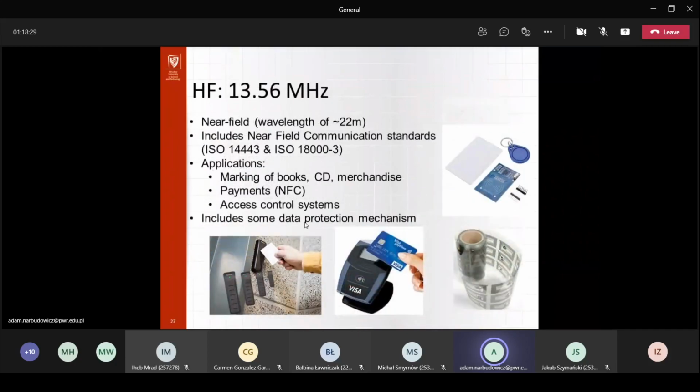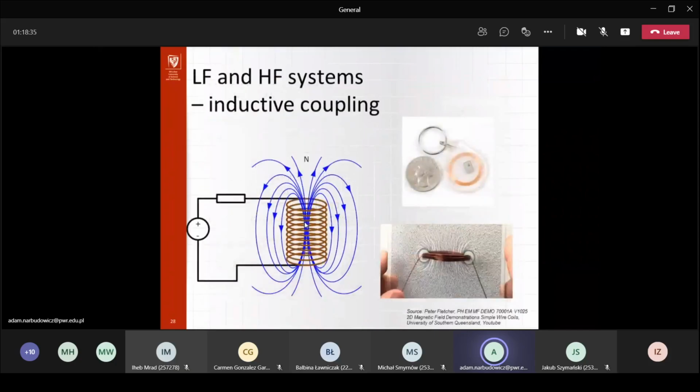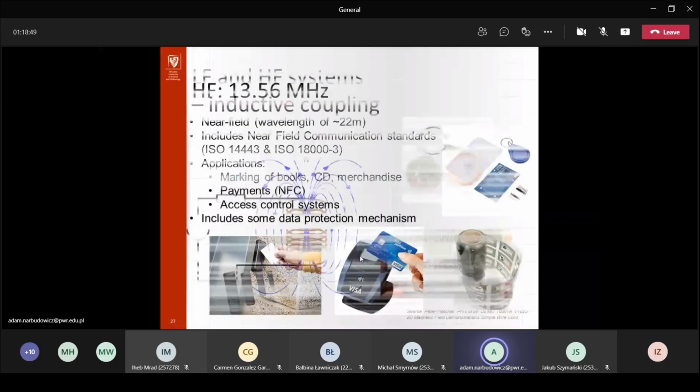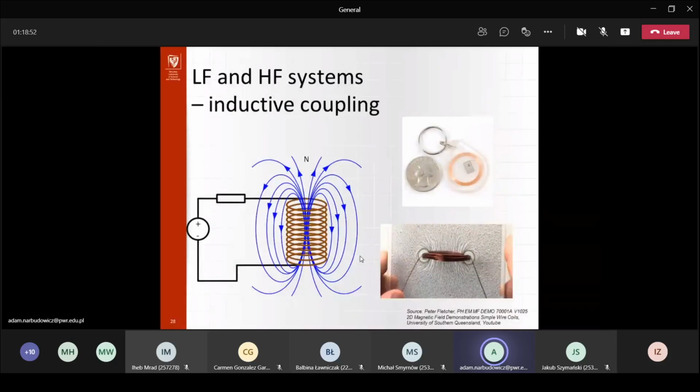Then we go upwards with frequency. And so, what you mentioned on the 13 megahertz tag, that's the one, as you see here, used for contactless payments. And well, basically the rule, how it works at this frequency, is you can see low frequency and high frequency systems, so up to this 14 megahertz. Simply you can see the antenna more acting as a coil than an antenna.